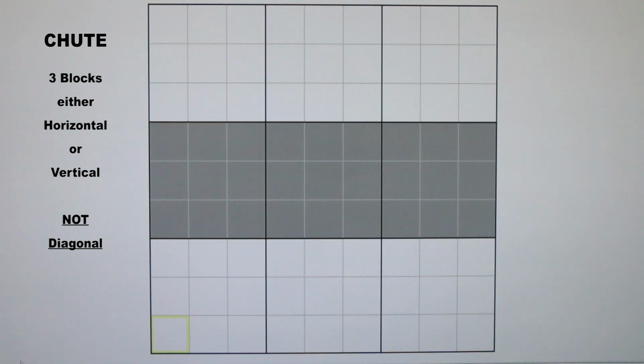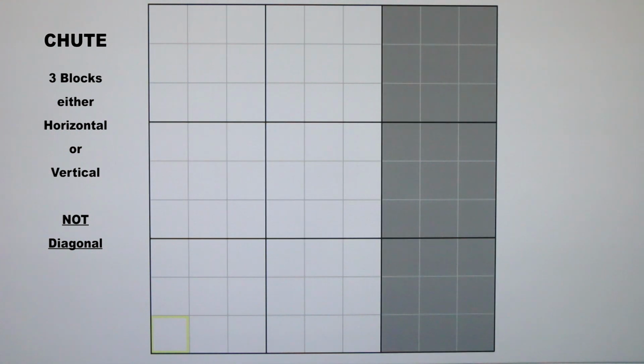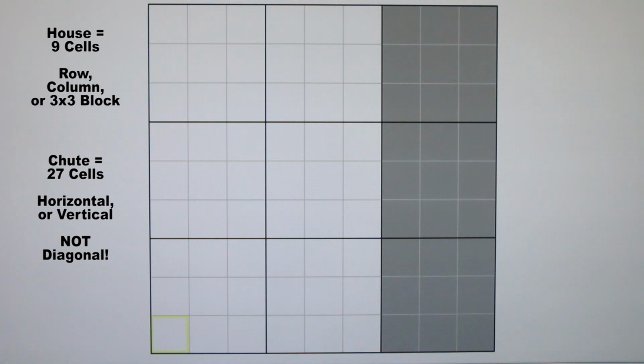And some people call the horizontal chutes floors and the vertical chutes towers, but we will simply call them horizontal chutes and vertical chutes. Please note that a chute is not a house. Only rows, columns, and blocks are houses. A chute contains 27 cells, as you can see, whereas a house only contains 9 cells.